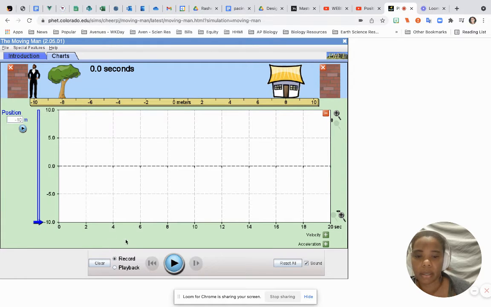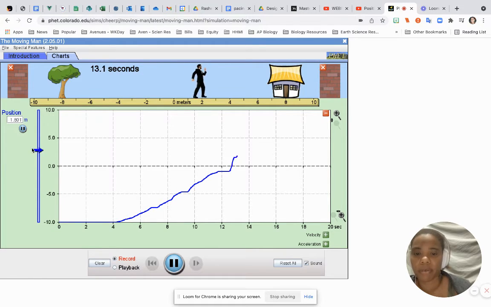Okay. Let's see what happens when I hit play and I start recording the values. Right now he's not moving, but what happens if I start changing his position as time goes on? And what happens if I go really fast?